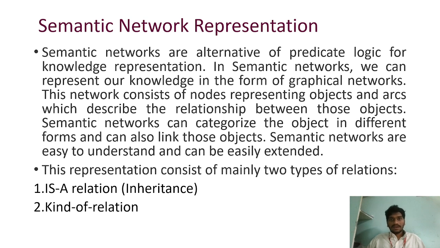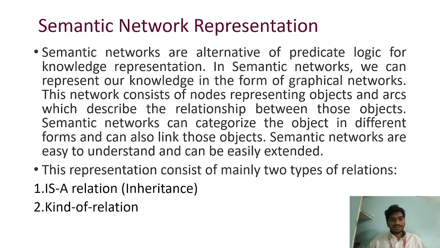The nodes represent the objects and the arcs represent the relationship from object to object, and semantic networks can categorize the objects in different forms and can also link those objects.